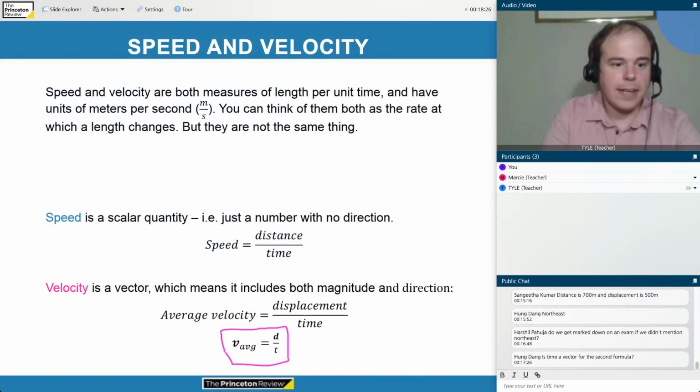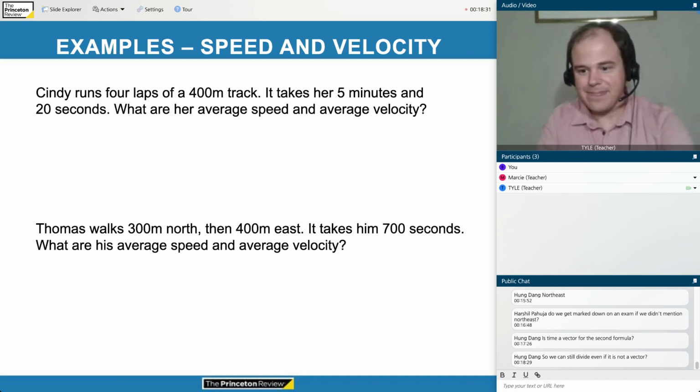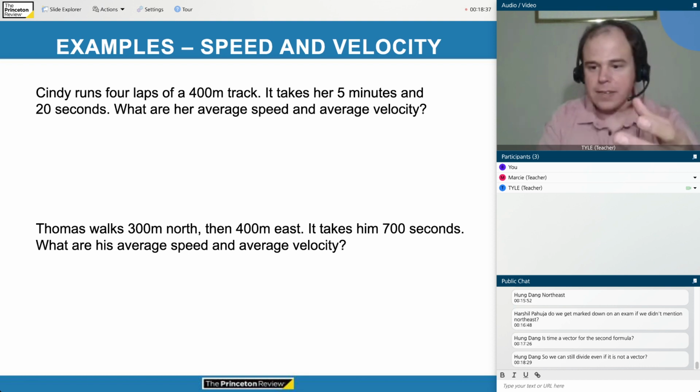Very good question. All right, so this is speed and velocity. Let's now look at some examples contrasting speed with velocity, and remember these formulas, that the average velocity is displacement divided by time. We'll need that to do these problems. Oh yeah, good question, Hung. Can we still divide a vector by time, even though time is a scalar? Yes, absolutely.